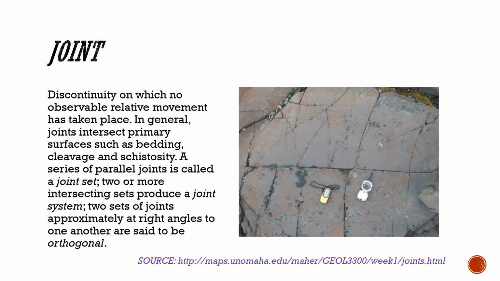Here is the largest one, the joint. What is that? A joint also is not a singular feature. It is not that only one set of joints occurs.